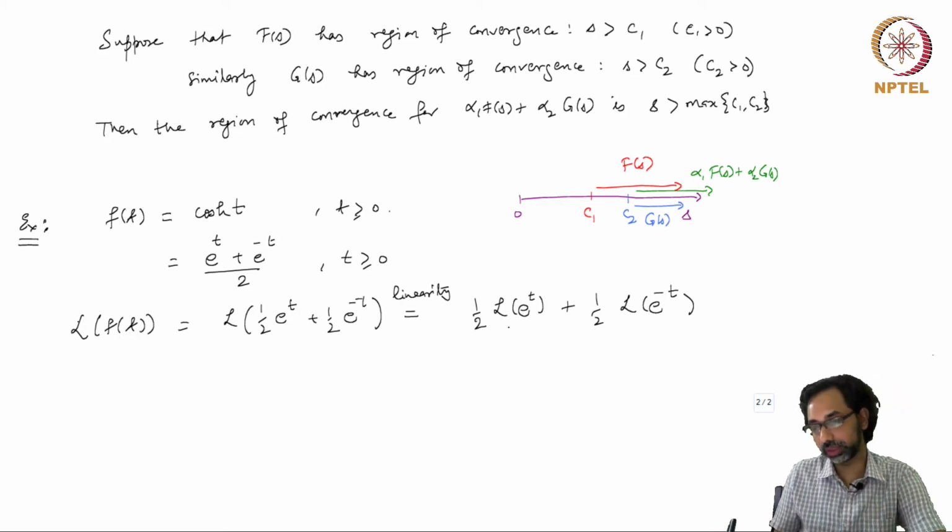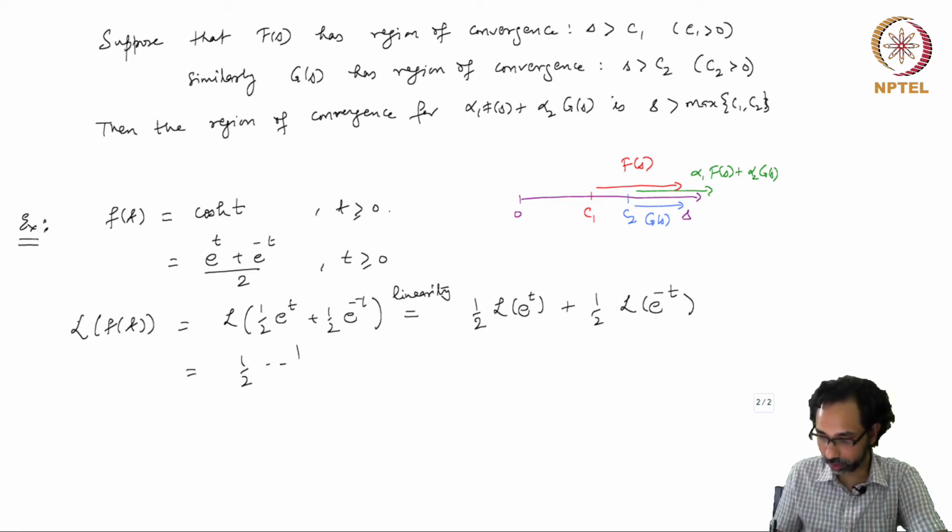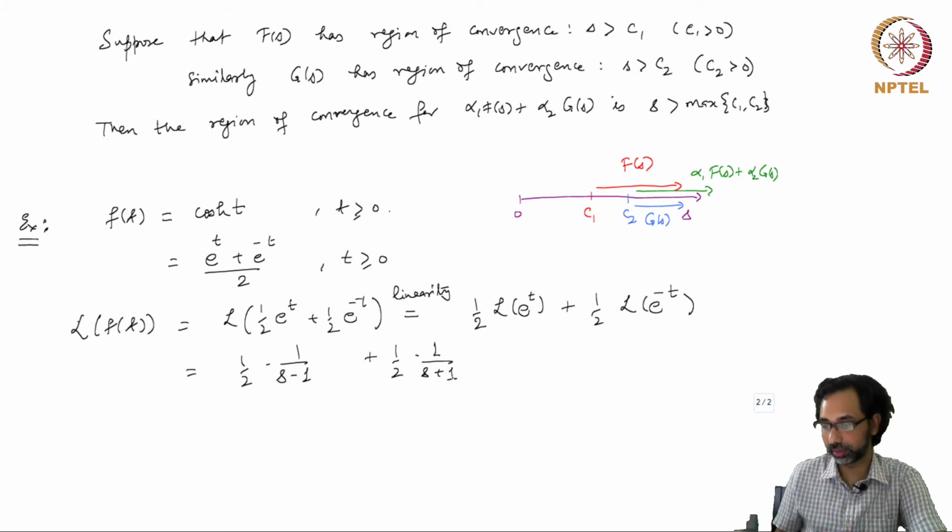And we know the Laplace transform of e to the power alpha t for any constant alpha. We have computed it before, and this is half 1 over s minus 1 plus half 1 over s plus 1.